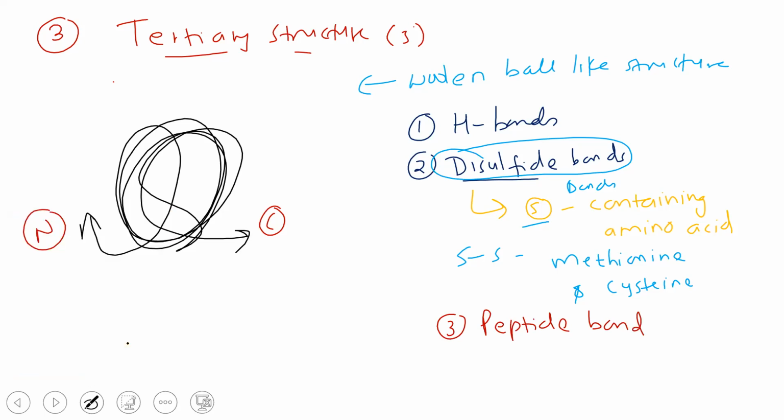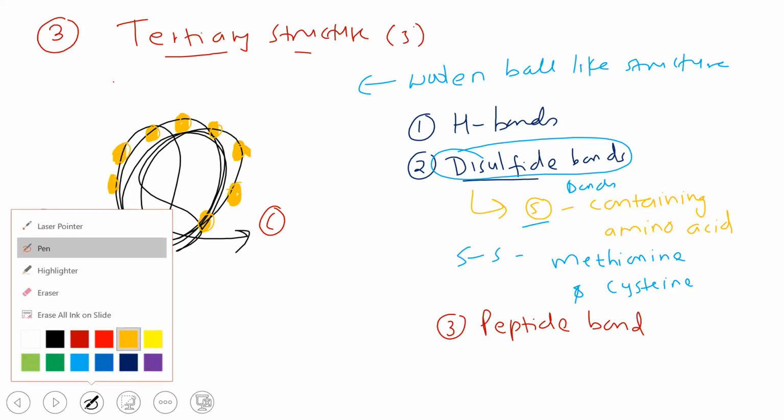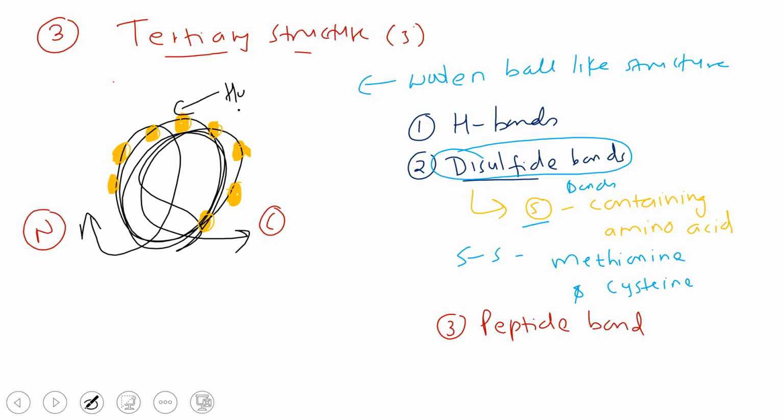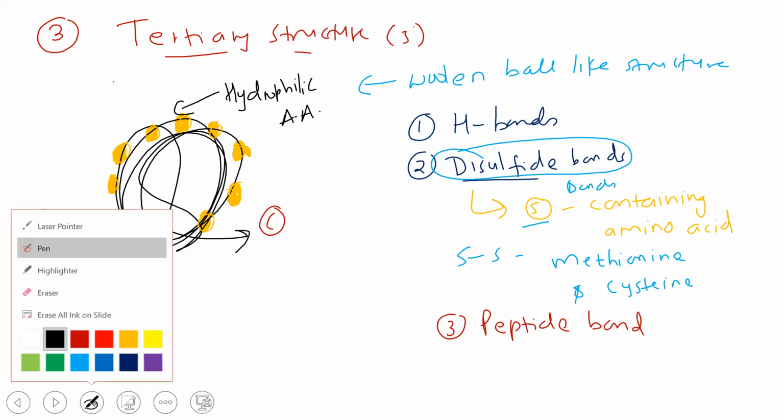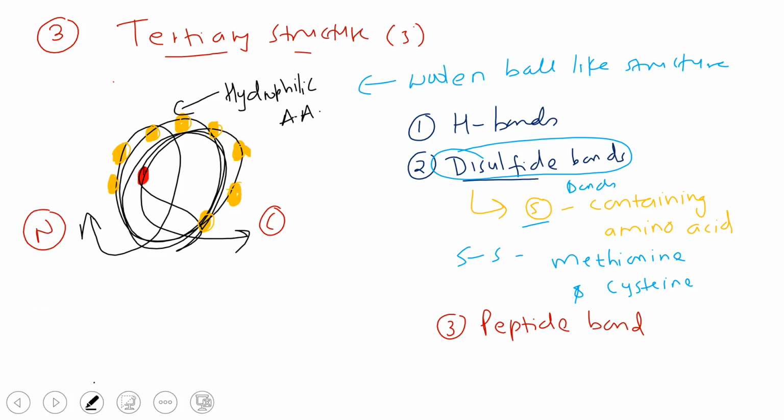Now in this structure, at this site where I am drawing these circles, on the outside, the yellow dots which you see are what we call hydrophilic amino acids.